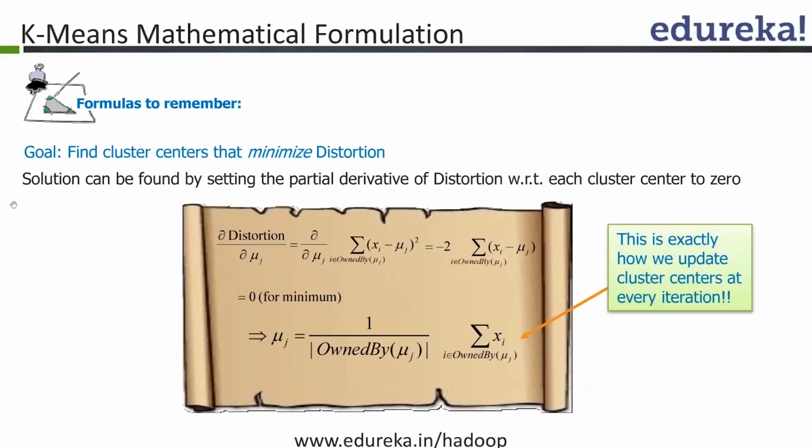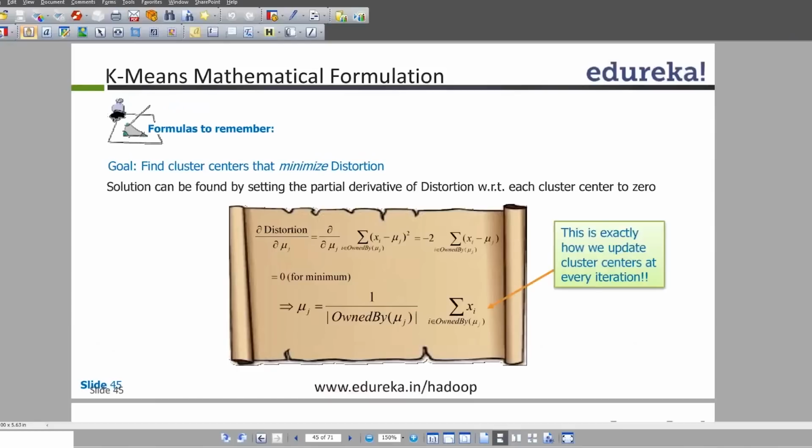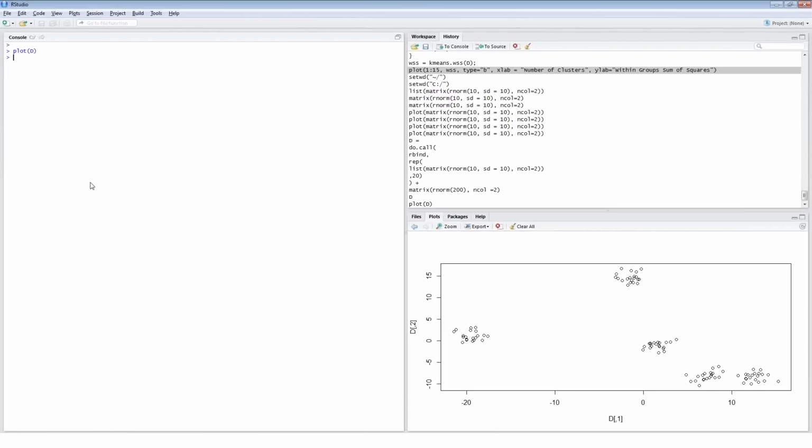Okay, let's go back to R and let's work with this example. What I didn't show you before is just some code that generates some random data. Let's not go into it.